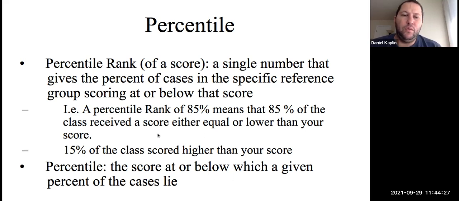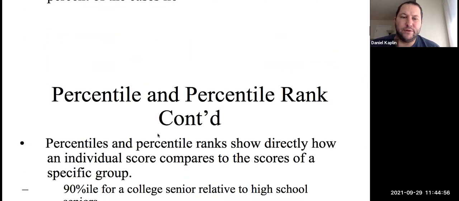So if you were in the 85th percentile, that would mean that your score was equal to or greater than 85% of the cases. That would also obviously mean that there are 15% of the class who might have done better than you. So that's what percentile rank is. So percentile and percentile rank are very similar. The only difference is percentile rank, you have a reference group.